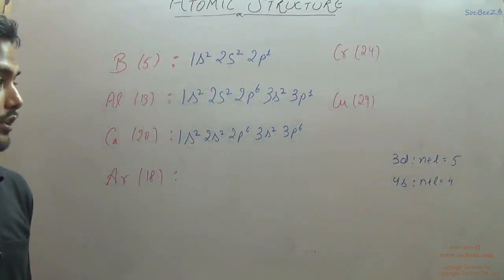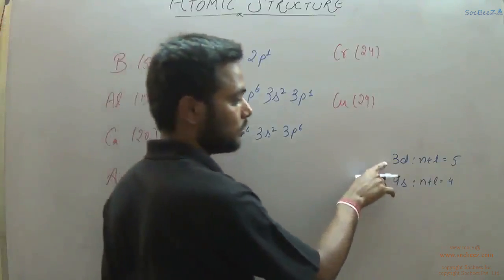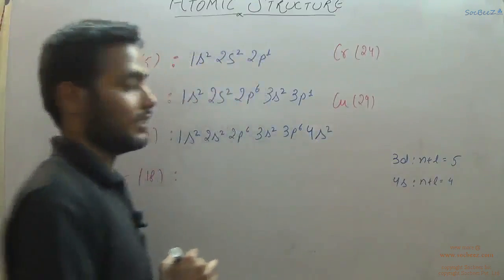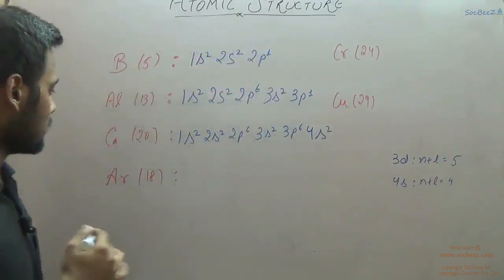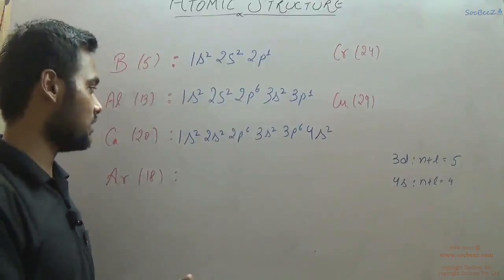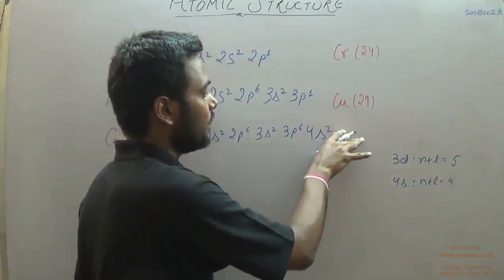Therefore the next electrons will go to 4s, not to 3d. In case of scandium, which has 21 electrons, the next electron would have gone to 3d.